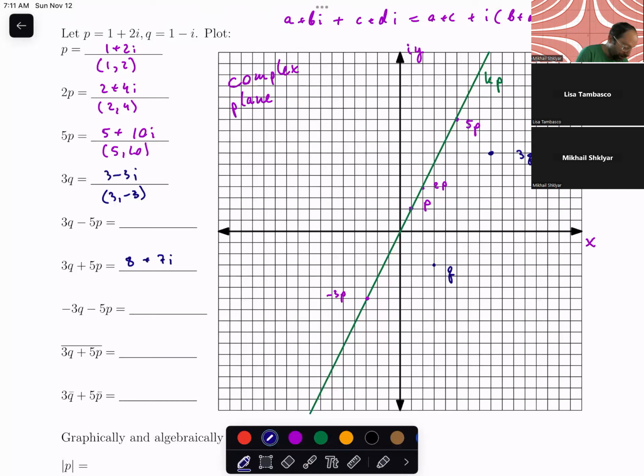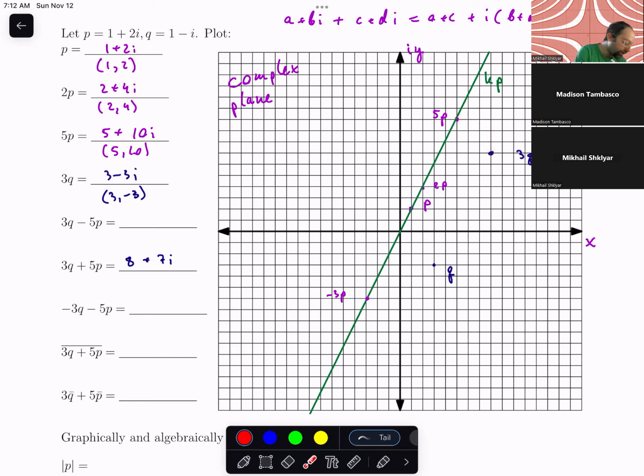Now let's look at this a little bit more critically. What does it mean to add a complex number to another complex number? Let's look at 3q, for example. 3q is 3 minus 3i. So if I start at the origin, q is go 3 to the right and 3 down. Now, if instead of starting at the origin, I want to start at 5p, I would go 3 to the right and then 3 down. Look at that, you're going to end up exactly where you're supposed to.